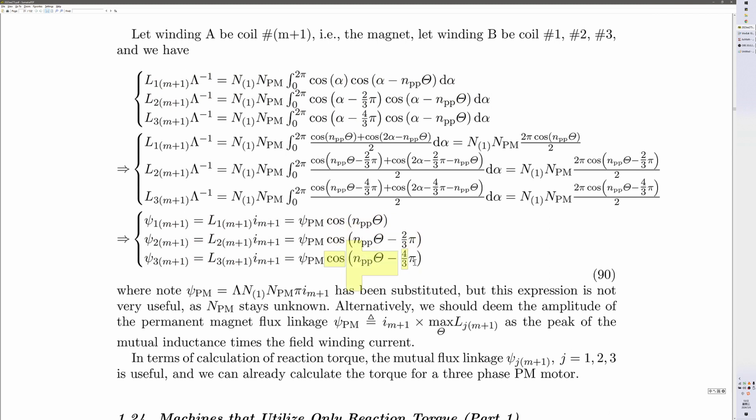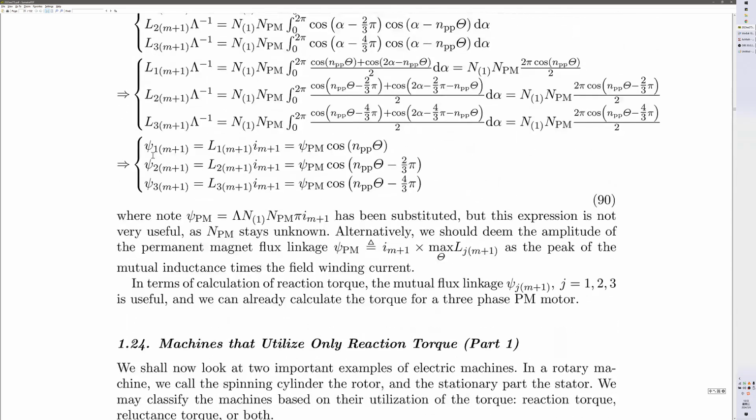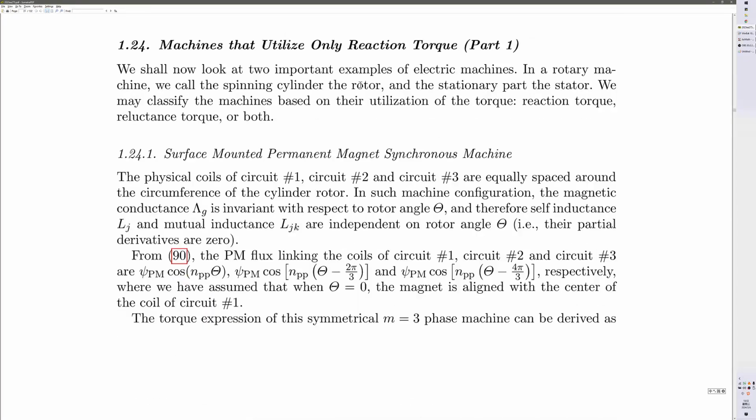There's a phase difference there because circuits 1, 2, 3 are placed at different angular locations along the air gap. They are 120 degrees apart. So with this expression for mutual inductance between the PM and the phase circuit available, we are now ready to derive the reaction torque example.